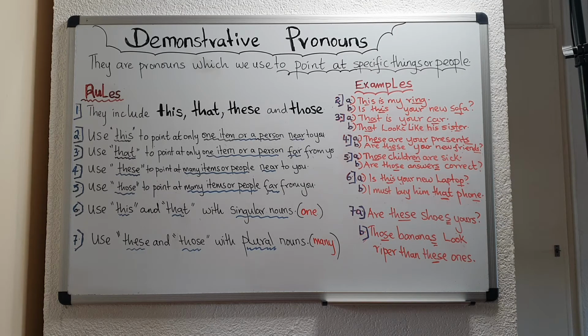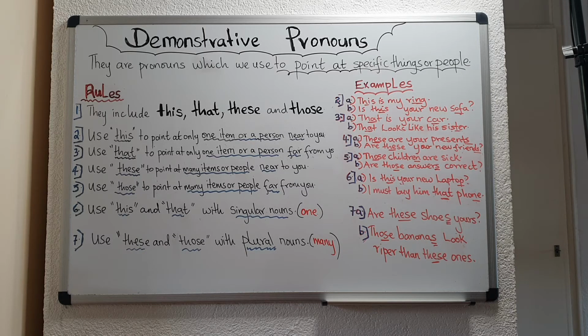And you want to find out, are those answers correct? The answers that they have in their books, and your friends are not sitting near you. They're sitting far away. If they are sitting near you, then you would say, are these answers correct? Meaning you're pointing at them. So remember to use those to point at many items or people that are far from you.